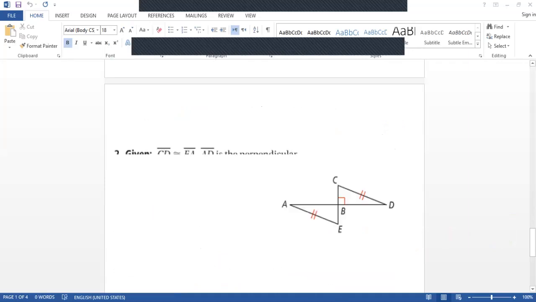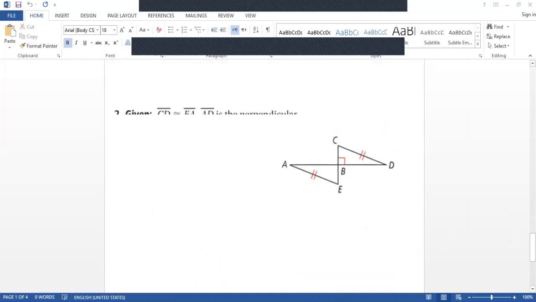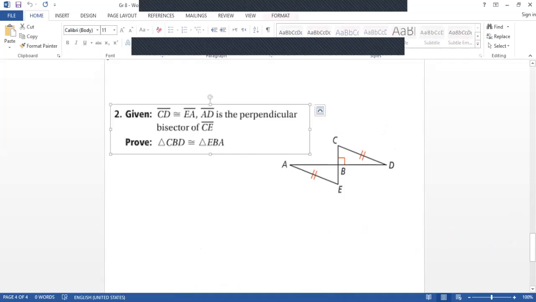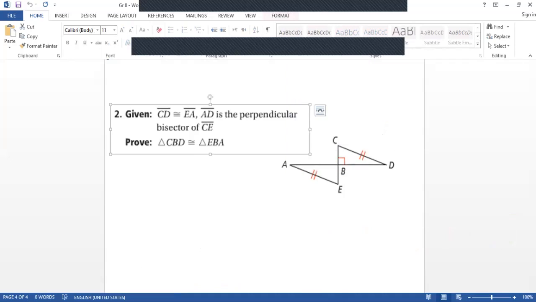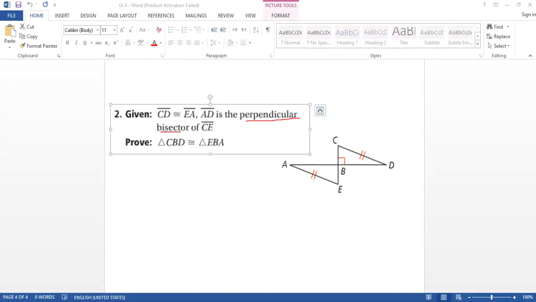Let's see another exercise. Here we have given that CD is congruent to EA. AD is a perpendicular bisector.